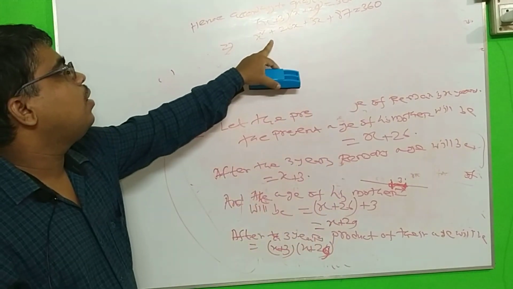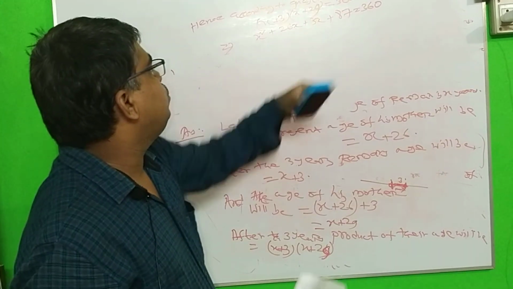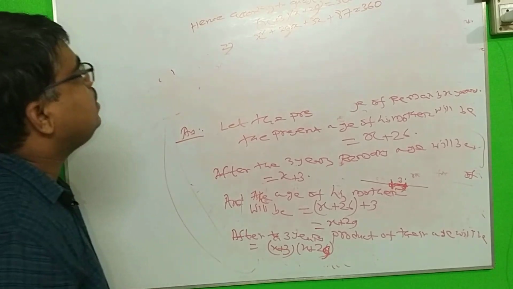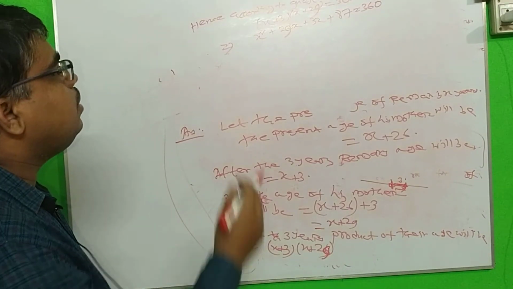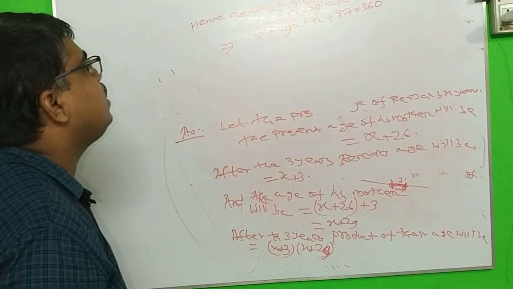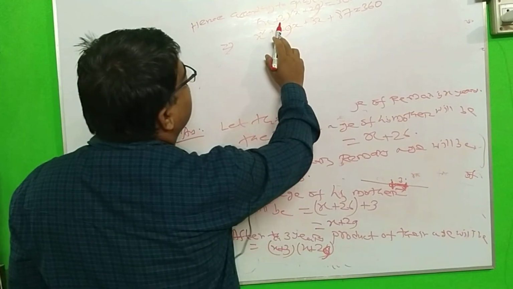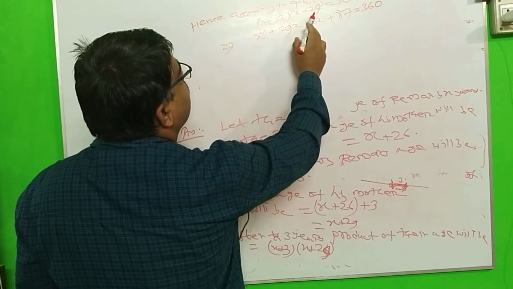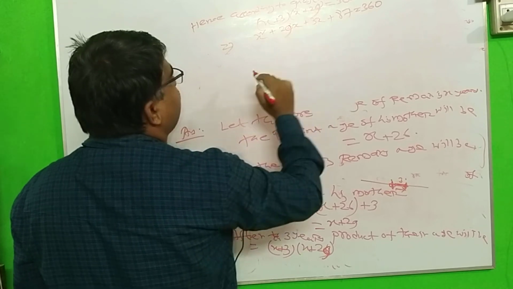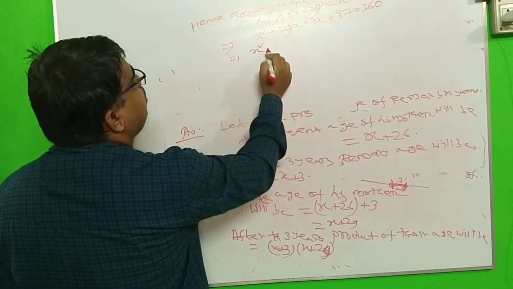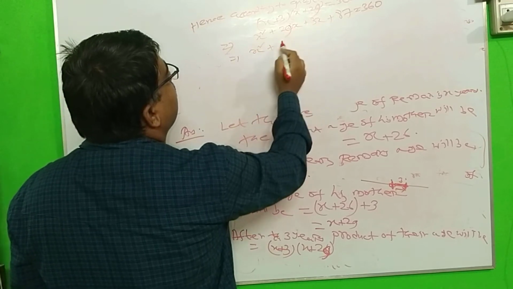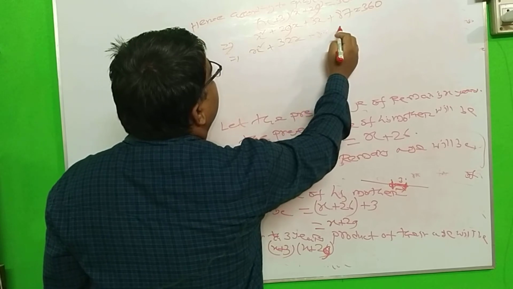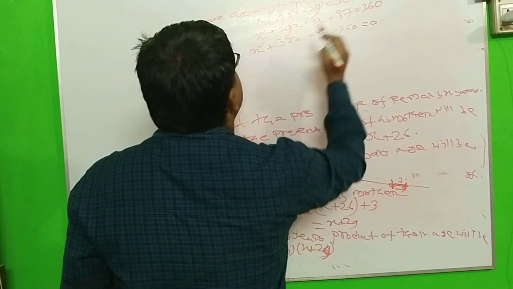That is x square plus 32x plus 87 minus 360 is equal to 0.